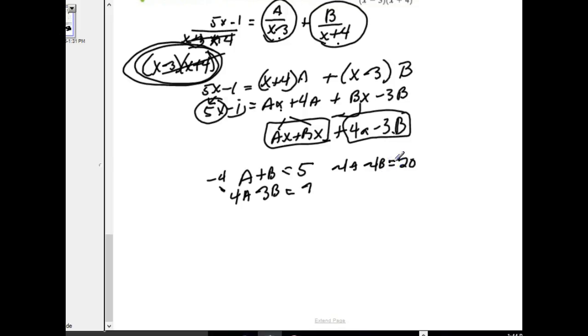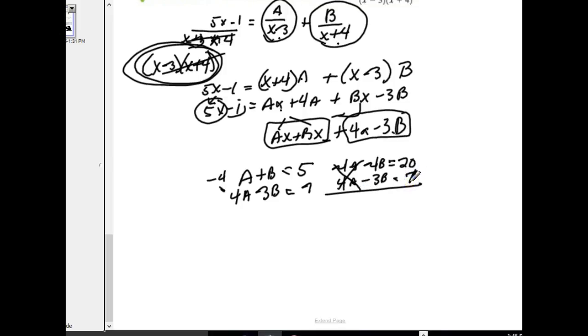And at the bottom, I end up with positive 4a minus 3b equals, oh, that's not 7, excuse me, that's negative 1.